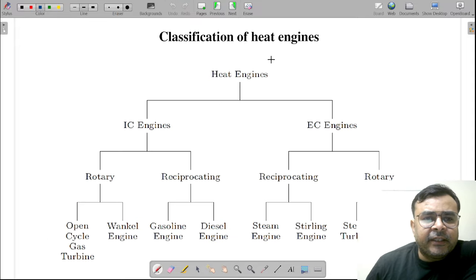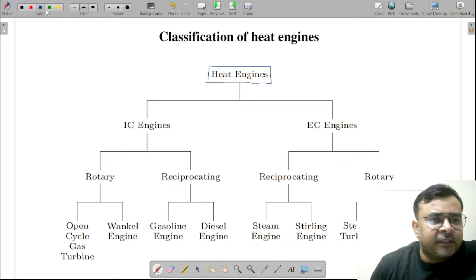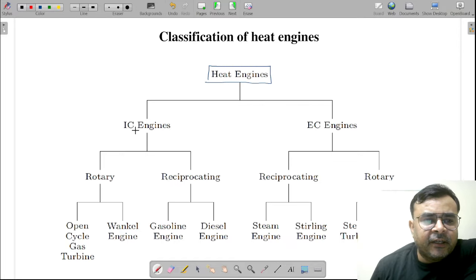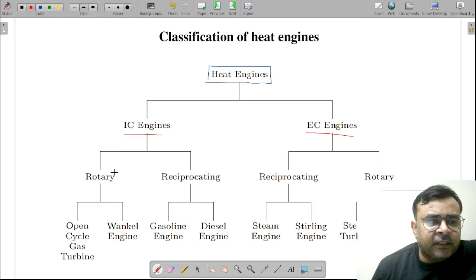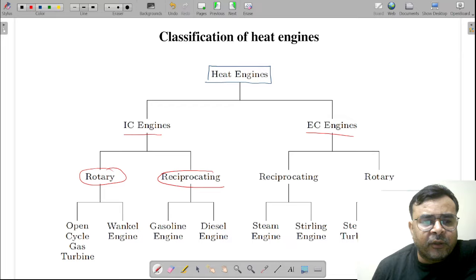Next, this is the detailed classification of heat engine. Obviously, we know that heat engine has two types, that is external combustion engine and internal combustion engine. Okay, and in internal combustion engine, either we have rotary engine or reciprocating engine. Rotary engine means the heat energy is converted into rotatory motion first, and this rotatory motion is further used to generate either work or electricity.